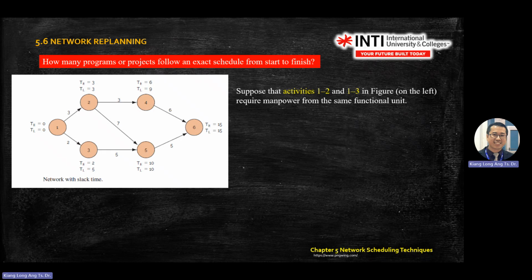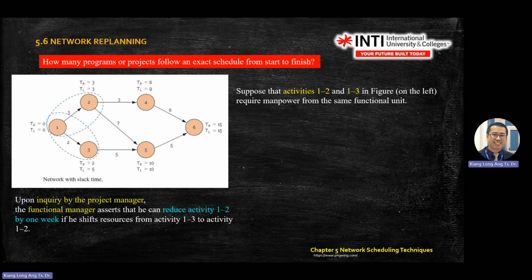Suppose activity 1 to 2 and 1 to 3 require manpower from the same functional unit. So 1 to 2, 1 to 3, you require the same. Upon inquiry from the PM, the functional manager, you need to assess which one is more important, meaning priority. Give priority to which one is 2.